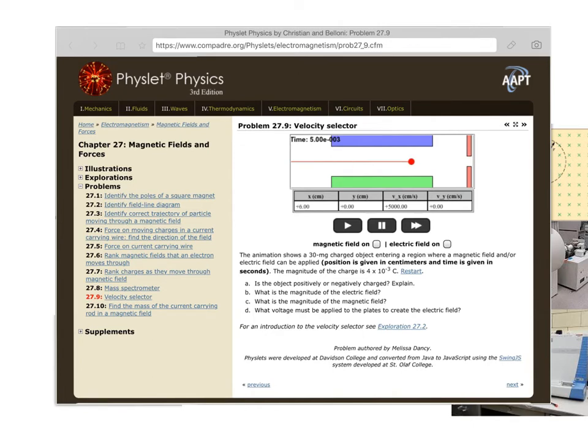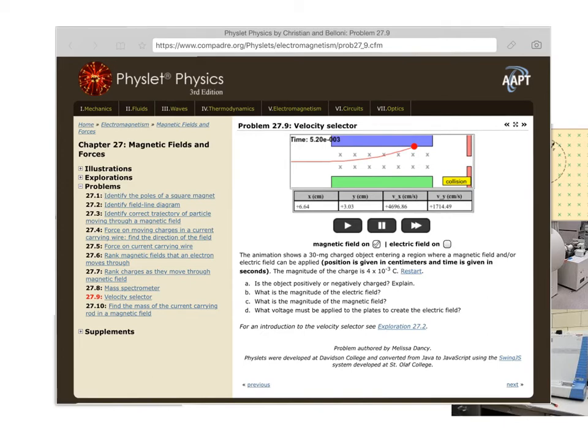So you see you can control the field, you can turn it on and off. If there's no field, it goes straight through, and then if we launch the thing and turn the field on, whoops, I guess we got to turn it on before I launch it. Now the field is on, so it bends that way. So you can tell the charge on the particle, because you know the direction of the field.